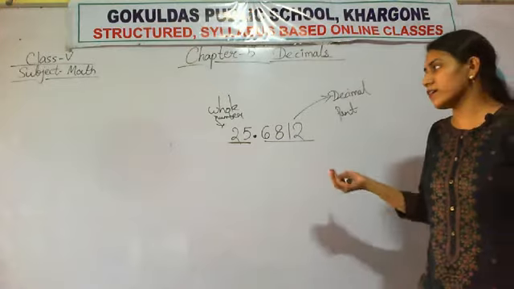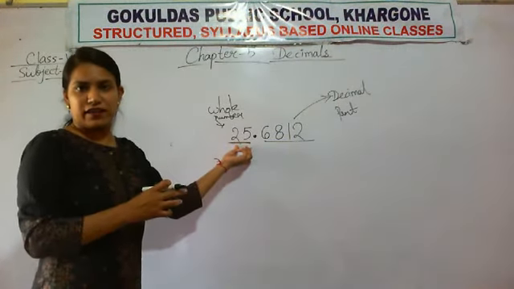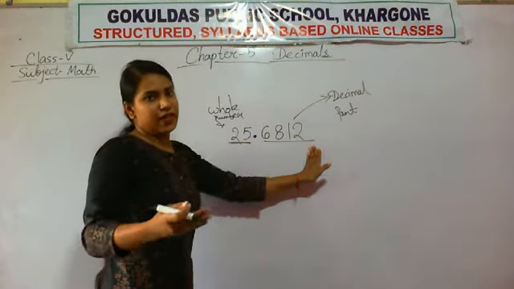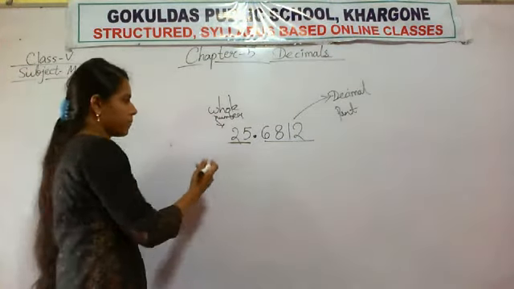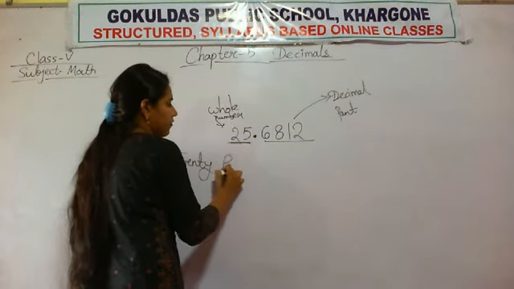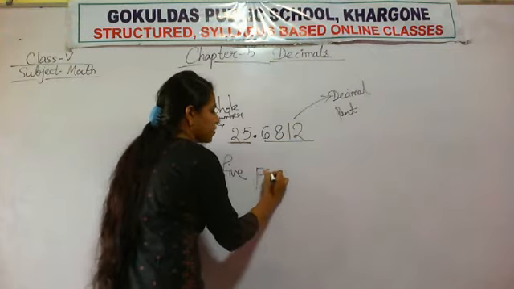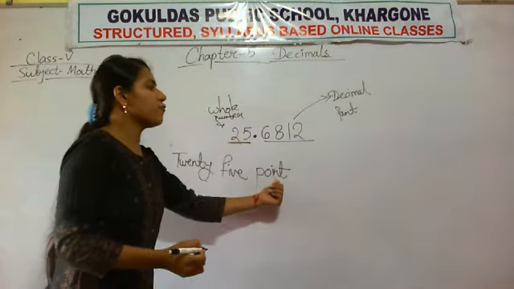We read the whole number together and the decimal part separately. Means 25 I can read as 25. Then the point is there, so I simply say point.